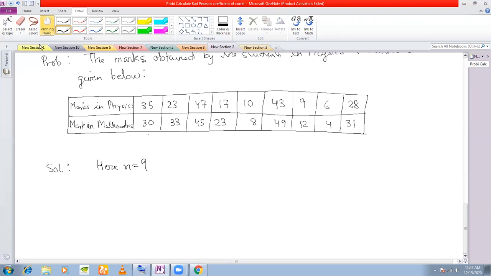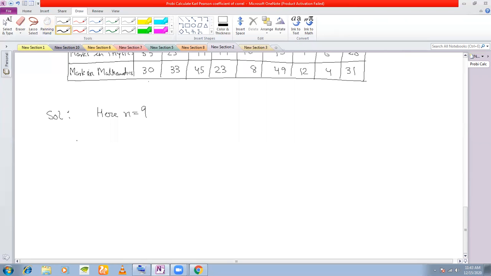Now we shall proceed. First, we make the tables. You require 6 columns for this. The first column will be for marks in physics. Let us call it X. Next column will be for marks in mathematics.